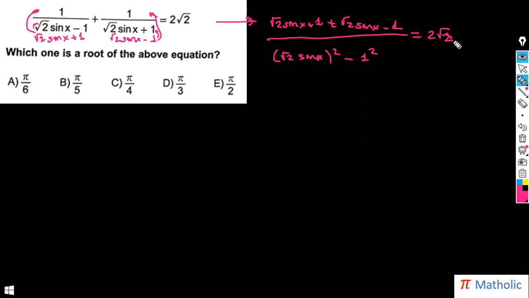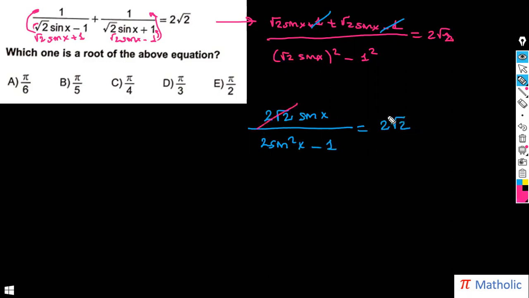So this is 2. So here 1 minus 1 cancelled out. What's left? 2 radical 2 sine x over 2 sine squared x minus 1 equals 2 radical 2.